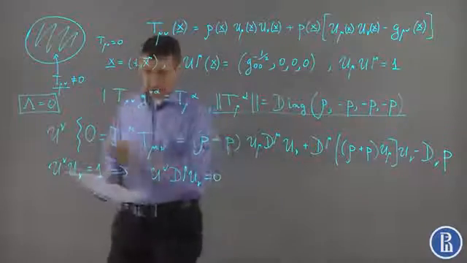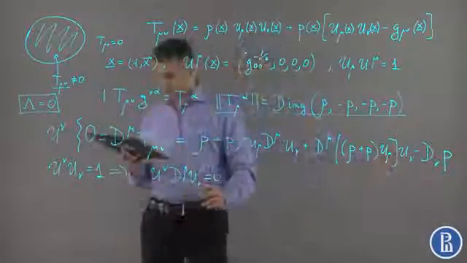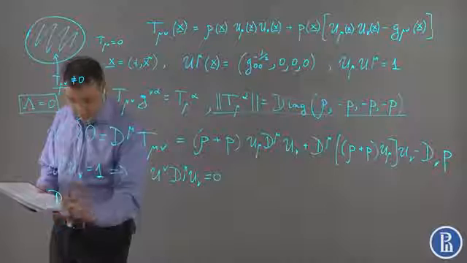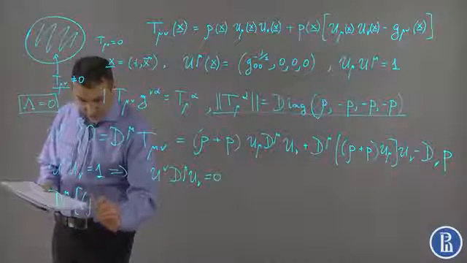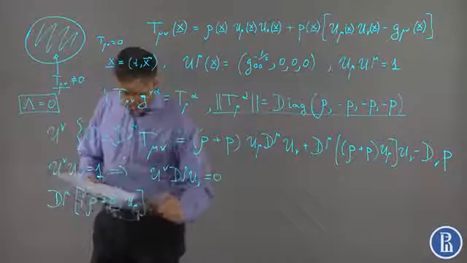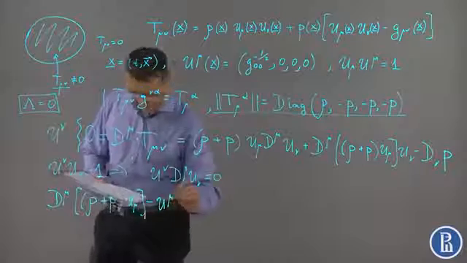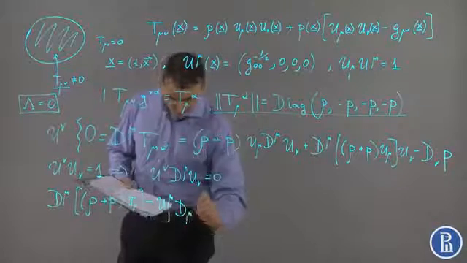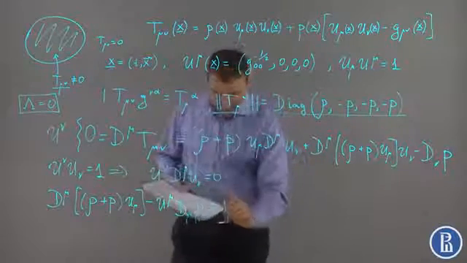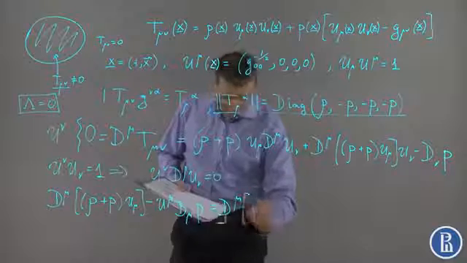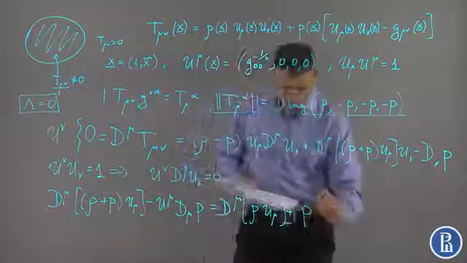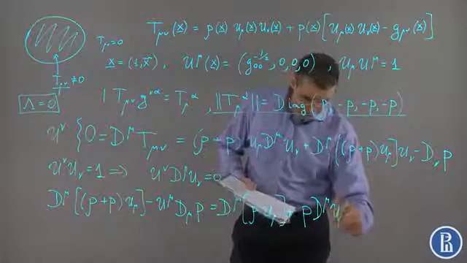So using this, after multiplication of this equality by u nu, we obtain the following equation: d mu acting on rho plus p u mu, minus u mu d mu p, and opening this up, we obtain that this is d mu of rho u mu plus p d mu u mu.